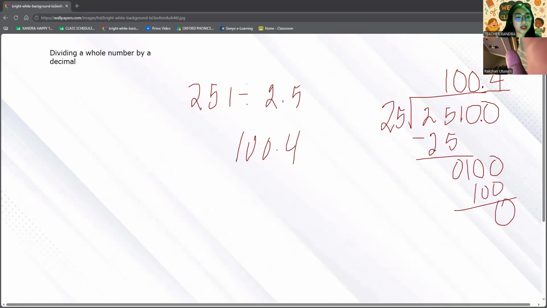So key reminders: always move the decimal point in both numbers the same number of places. This keeps the value the same. Place the decimal point in the quotient directly above the dividend's decimal point. Add zeros if needed to finish dividing.